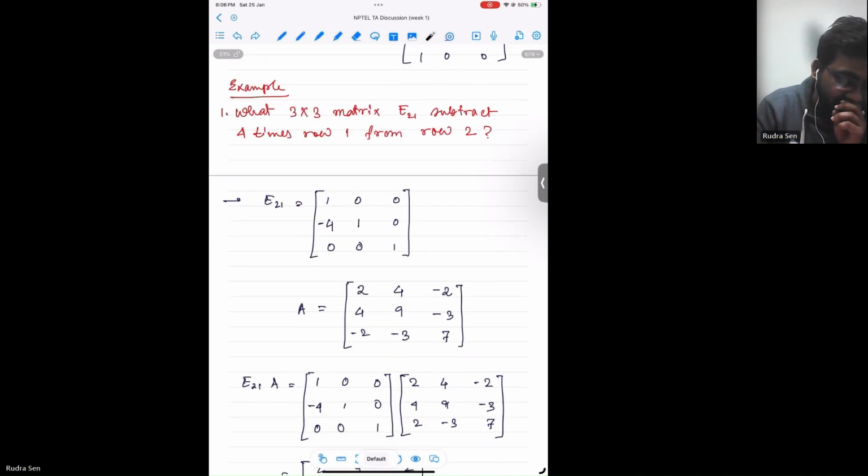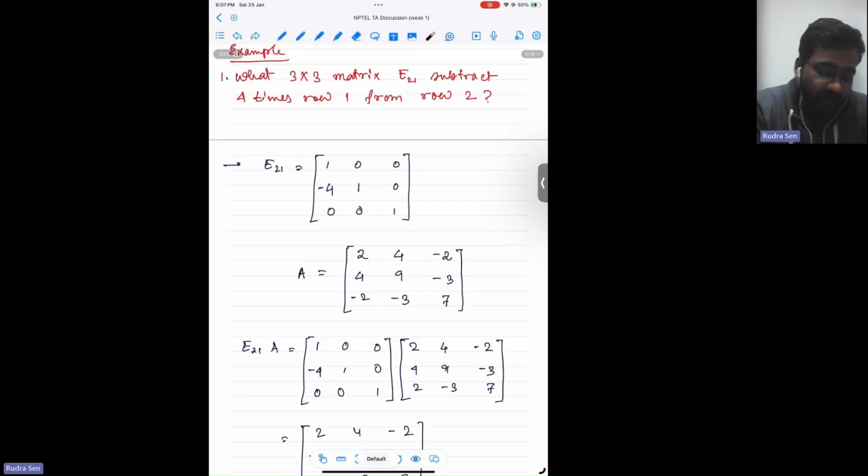The question is: what 3 cross 3 matrix, which I call E21, subtracts 4 times row 1 from row 2? That means we need to find a matrix which, multiplied with any specified matrix, subtracts 4 times row 1 from row 2. The matrix format is something like that.